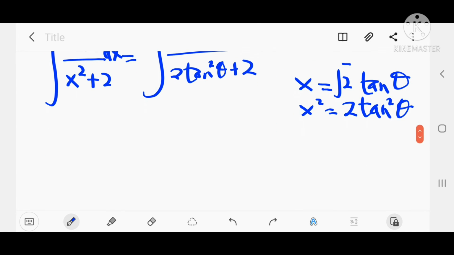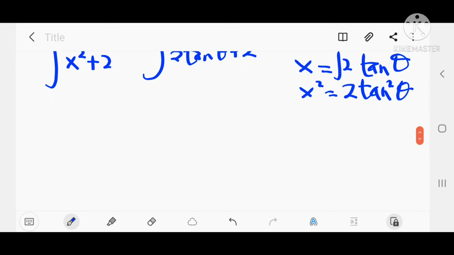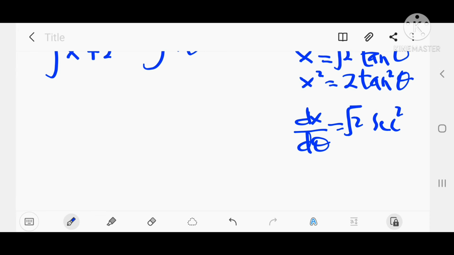We need to differentiate x so that we express this in terms of d theta. So dx over d theta will be equal to square root of 2 sec square theta.